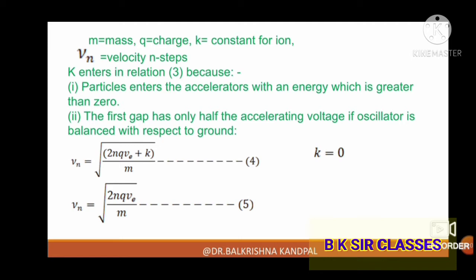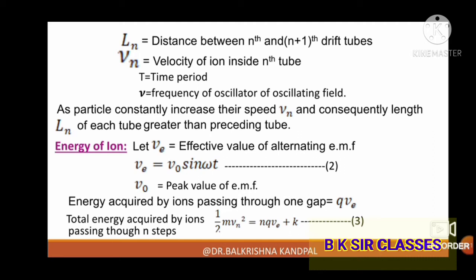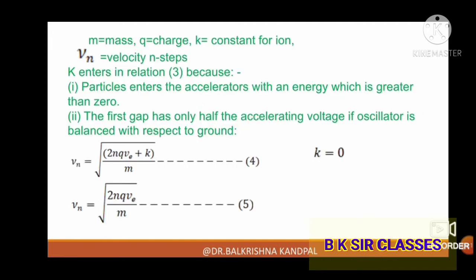Now, K is a constant that enters relation 3 because of two facts. First, the particle enters the accelerator with an energy greater than 0. Secondly, the first gap has only half of the accelerating voltage if the oscillator is balanced with respect to ground.